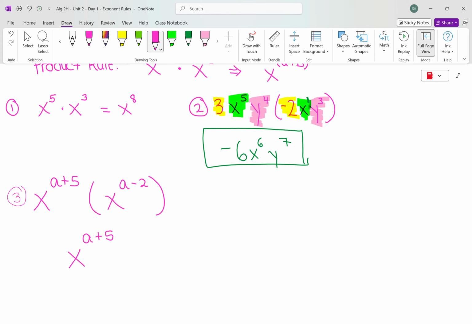So I'm adding a plus 5 plus a minus 2, and I combine my like terms. An a plus an a is a 2a, and a positive 5 and a negative 2 is a positive 3. So we get x raised to the 2a plus 3 power.